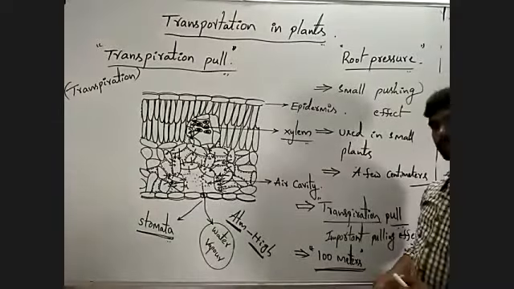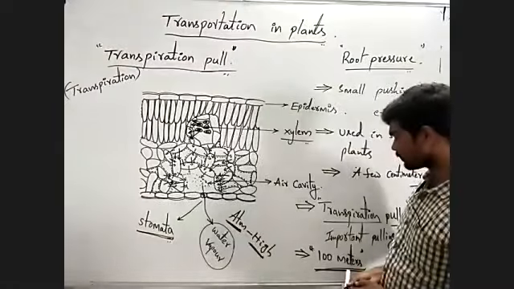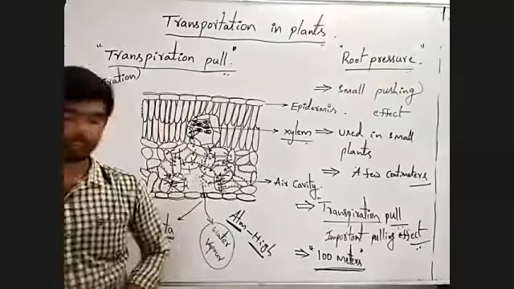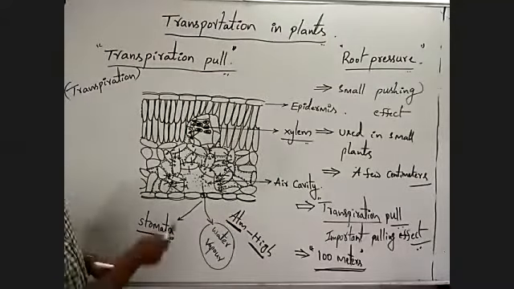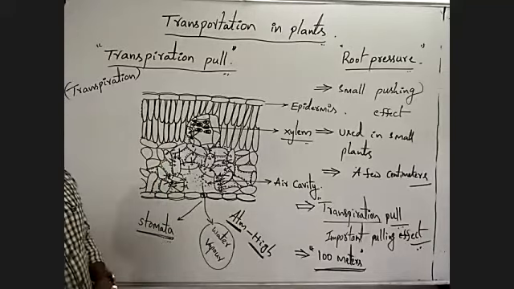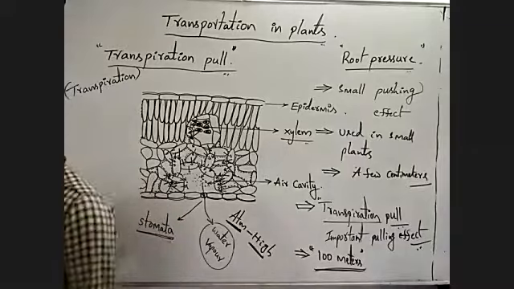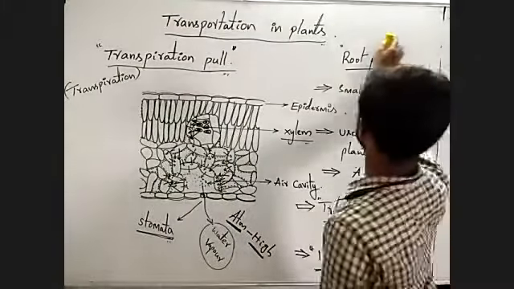Redwood trees, okay, redwood trees and other trees. Understanding? Observe carefully. This is transpiration pull, a pulling effect from the upper side.